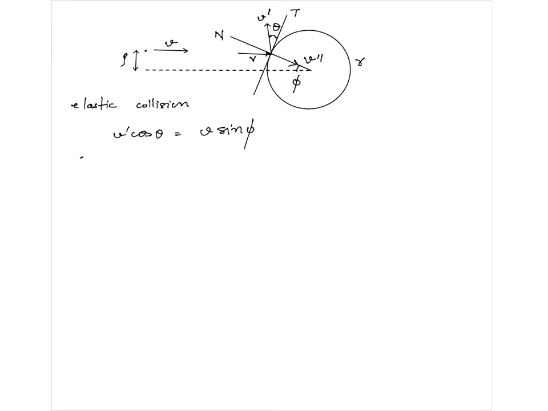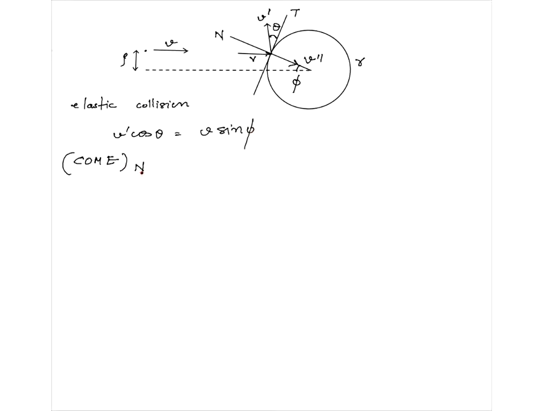Fine. So one equation will come from energy, kinetic energy. One equation should come from COME along N. Why N? Because along the tangential direction I already have this.